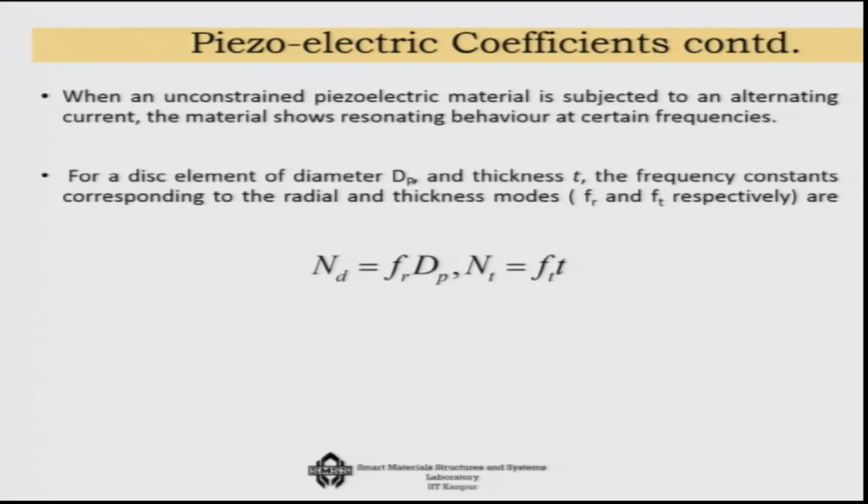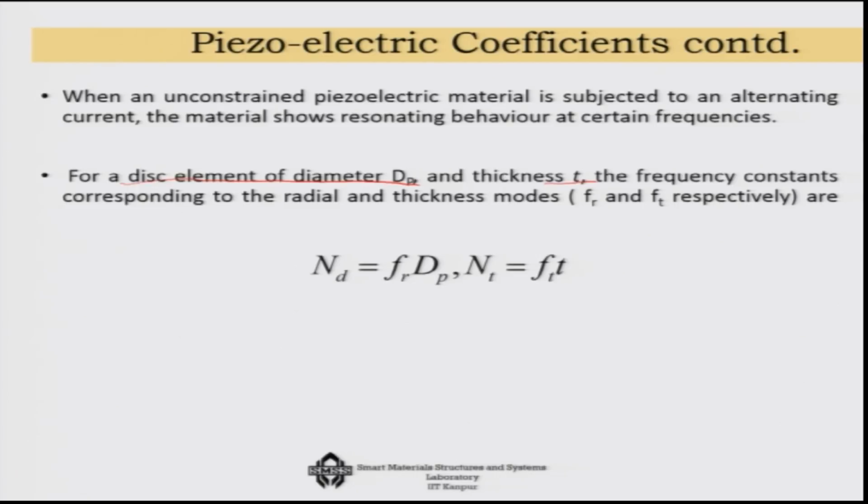Now, one last constant we will talk about is known as the frequency constant, and this is more related to when we take a disc of a piezoelectric element, let us say of diameter dp and thickness t, and then we apply the voltage and get it vibrated at its resonating frequency.